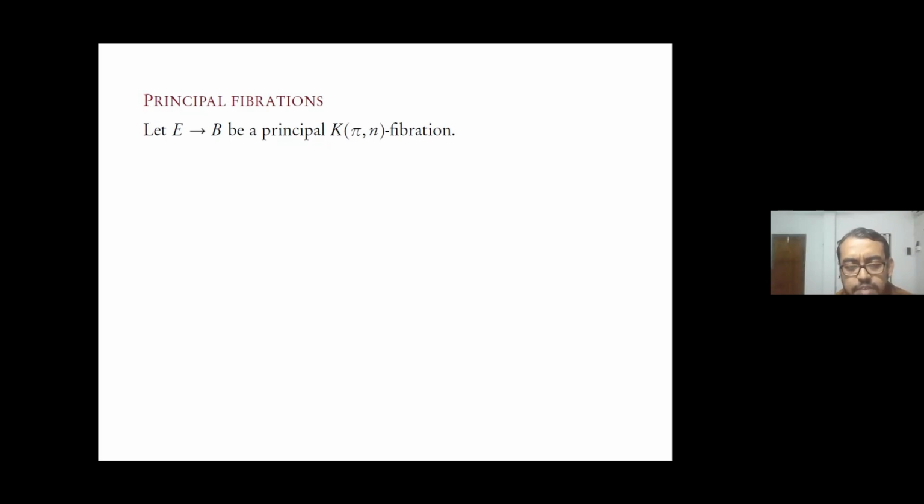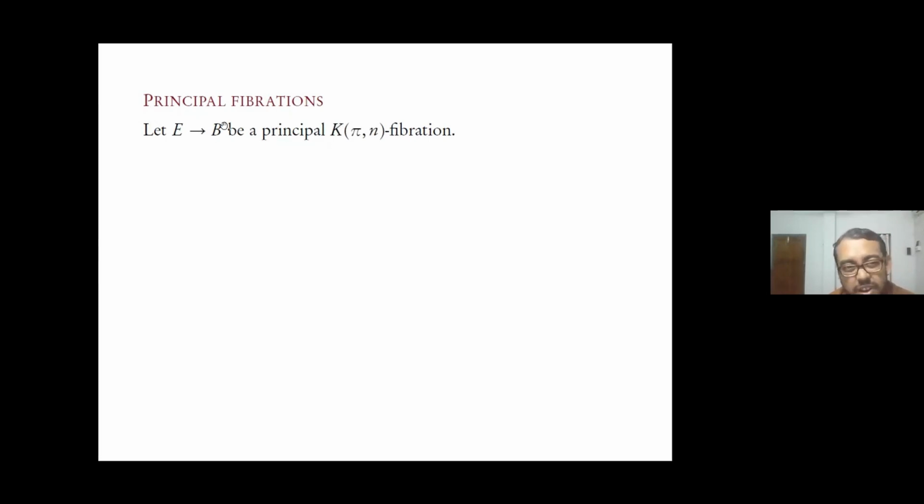And the path space fibration, remember, is paths on K pi n mapping down to K pi n, where the fiber is omega of K pi n, which is itself another Eilenberg-MacLane space, right? Sorry, there's a shift by one. So you want the fiber to be K pi n, so you want to map to the paths of K pi n plus 1.